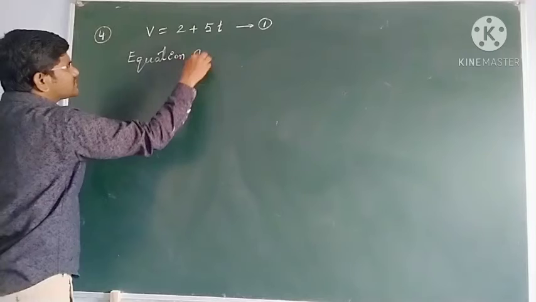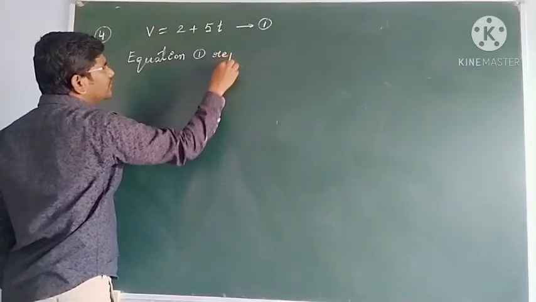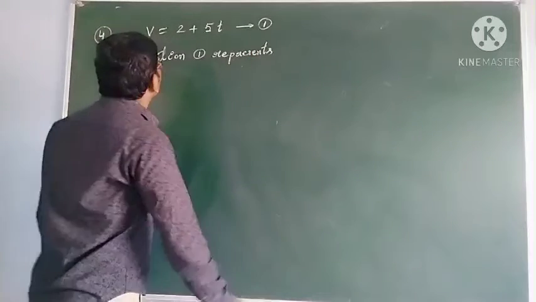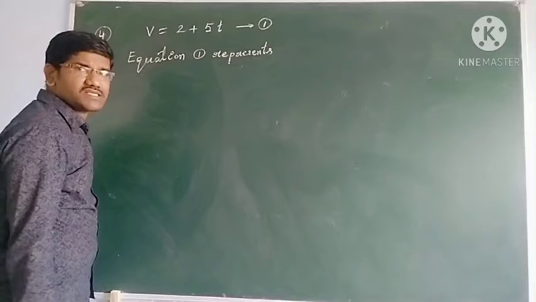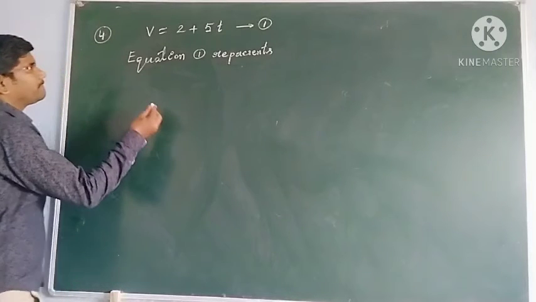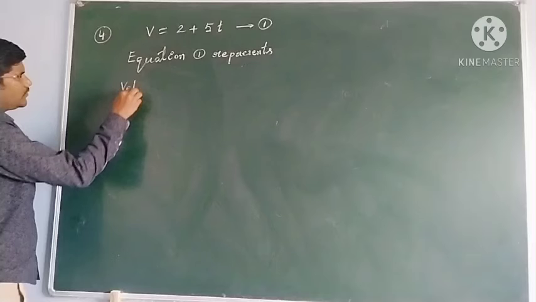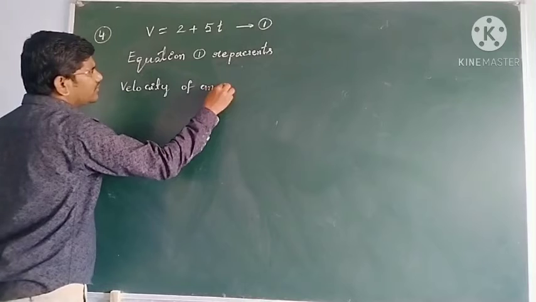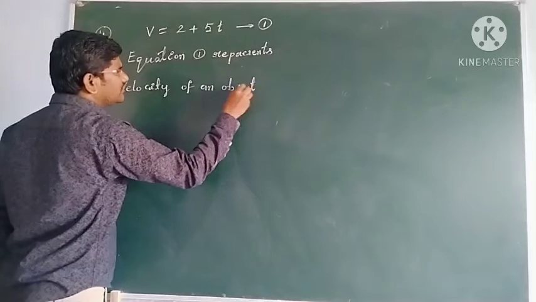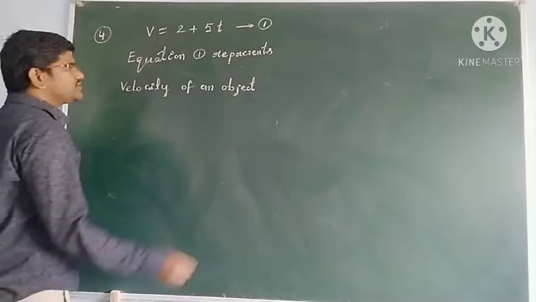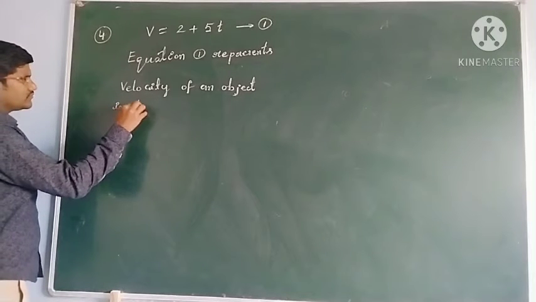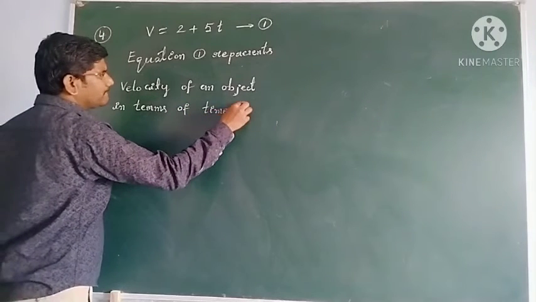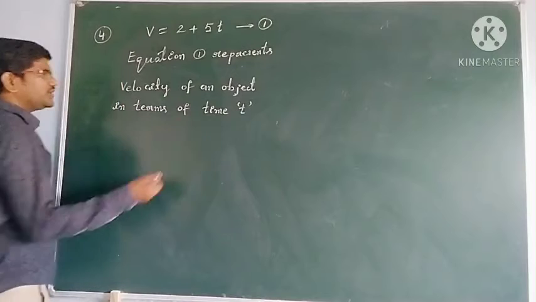Equation 1 represents velocity of an object in terms of time t with uniform acceleration.